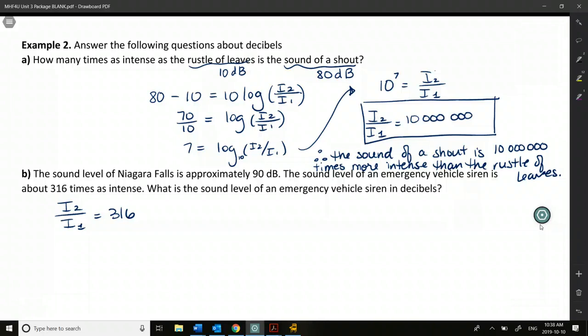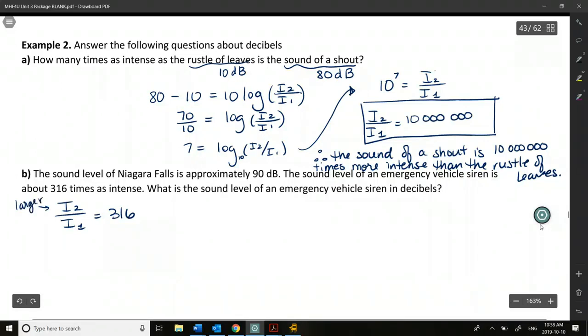Okay, so I'm given that I2 over I1, the ratio of the intensities, is 316. So if I did I2 divided by I1 and I got 316, did I divide a larger number by a smaller number or a smaller number by a larger number? We need to use our common sense here. Larger by a smaller number. Okay, so to get 316, I must have done a larger number divided by a smaller number.